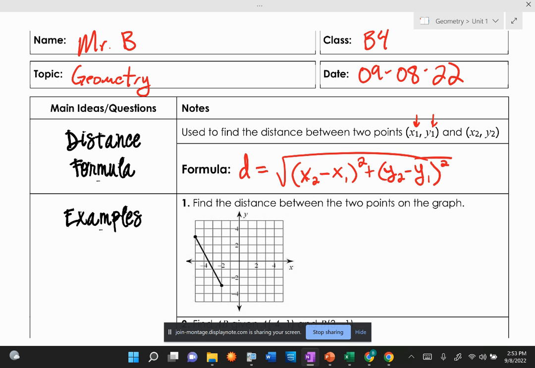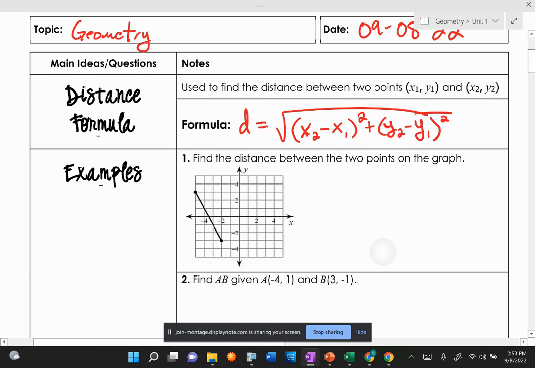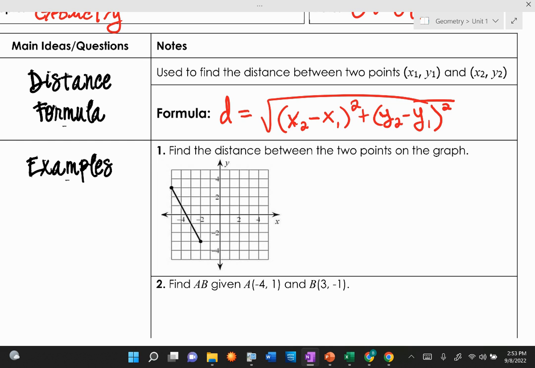Okay, so let's look at number one, and I'll walk you through how this distance formula is going to be utilized. We have 2 points right here. What we're looking for is the distance between 2 points on a graph. Yeah, exactly. So the point that we have to start with is a value of what?